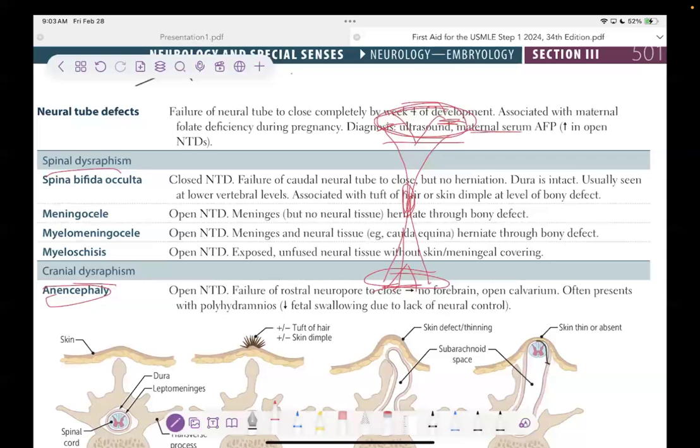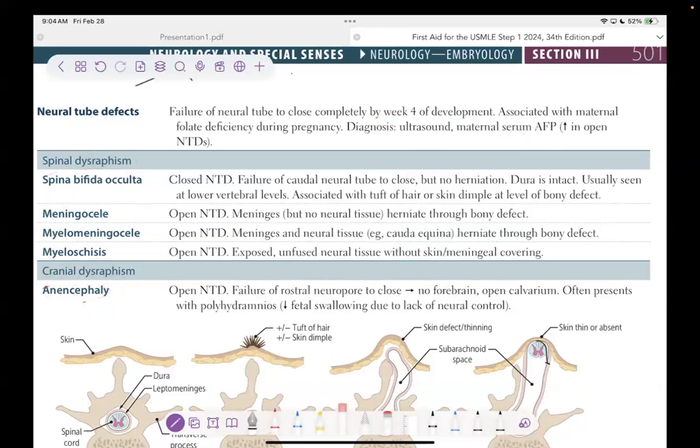Mostly in questions they don't say upper part and lower part; they say upper or lower neural tube. But for our purposes, we should say rostral neuropore. Neuropore means the neural tissue which is open, which has a pore inside. Rostral means the upper part, and caudal means the lower part. These are the terms they usually use in the exam.